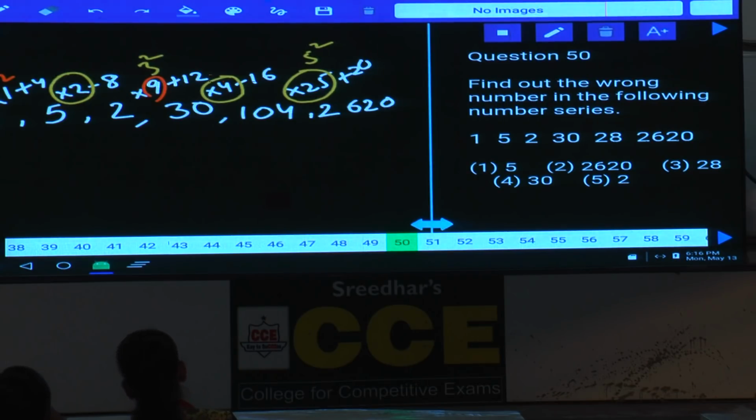The remaining numbers are multiplied with even numbers, into 2, into 4, into 6, into 8, and so on. And these addends, 4, 8, 12, 16, 20, are added and subtracted alternately: plus 4, minus 8, plus 12, minus 16, plus 20. Done? What is the wrong number then? The series is 1, 5, 2, 30 and so on, 28. Now 28 is the wrong number, and in the place of 28 we need to have 104.